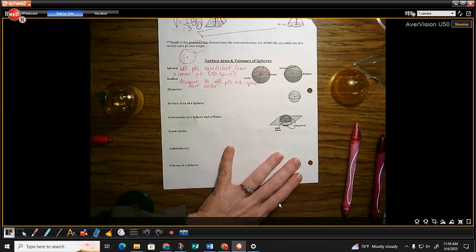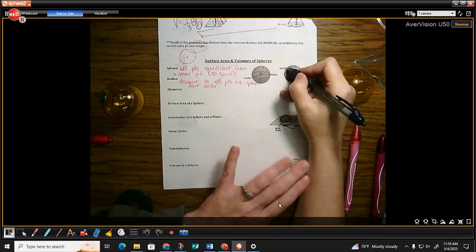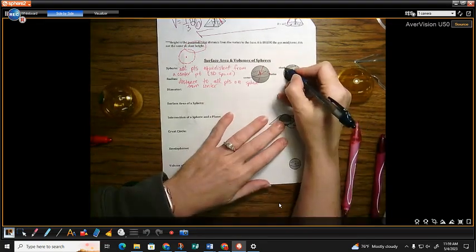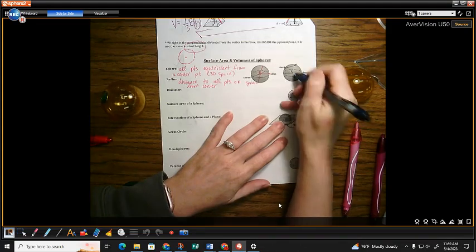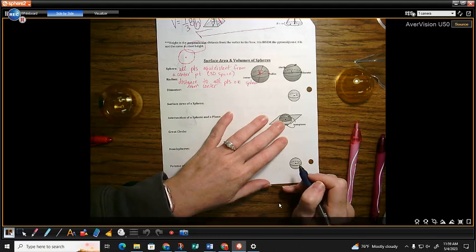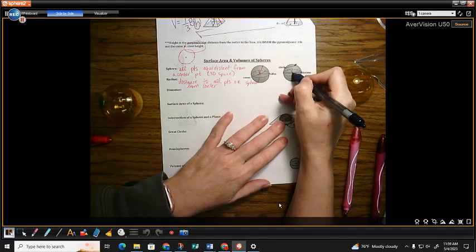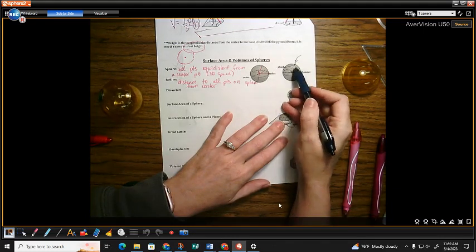The distance between 2 points that intercross through the center. Yeah, and notice what he said. He said it's the distance between 2 points on the sphere through the center. So this is a diameter because it connects 2 opposite points on the circle through the center. Up here, this is 2 points on the sphere that aren't connected through the center.